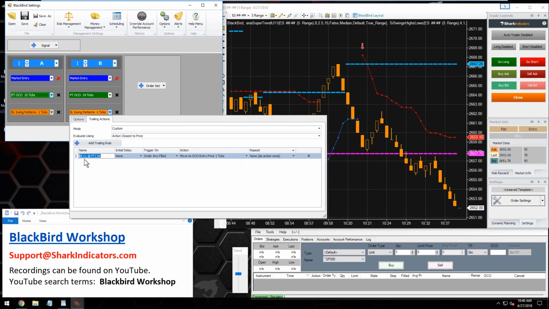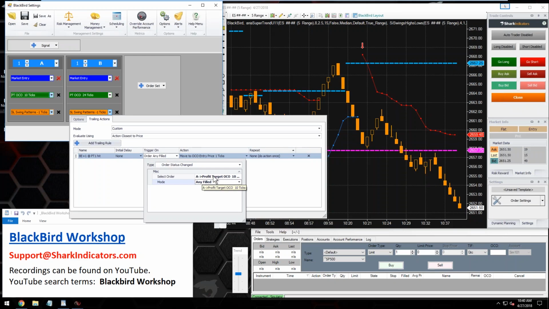So this break even is a type of trailing, but it only happens once. A break even is not a continuous trailing. So there's no continuous trailing here. It's just a one time move to break even.